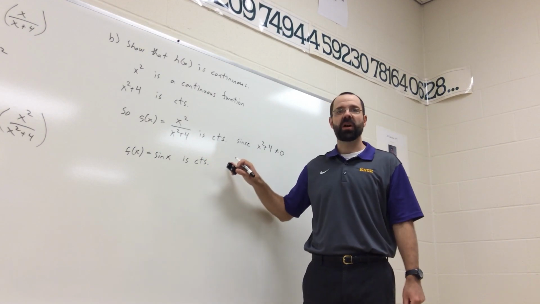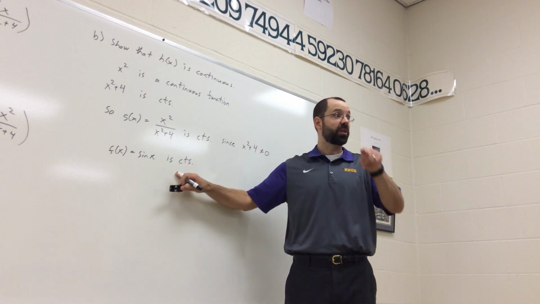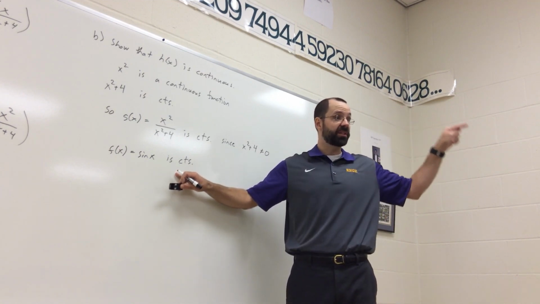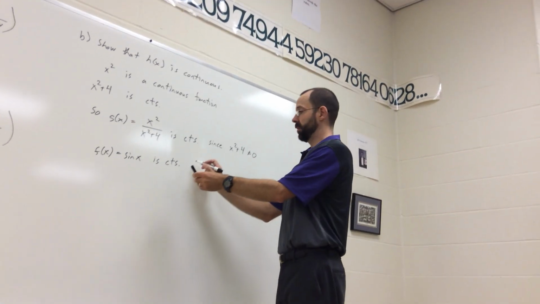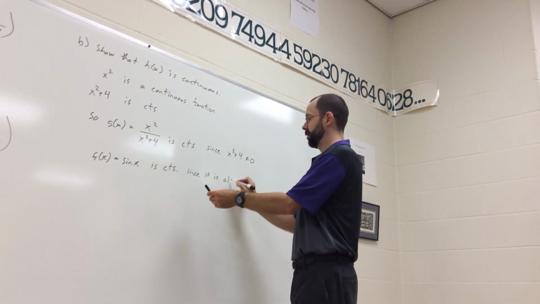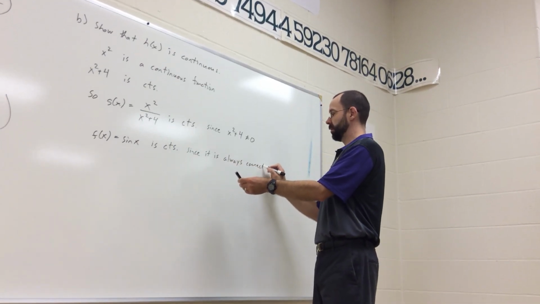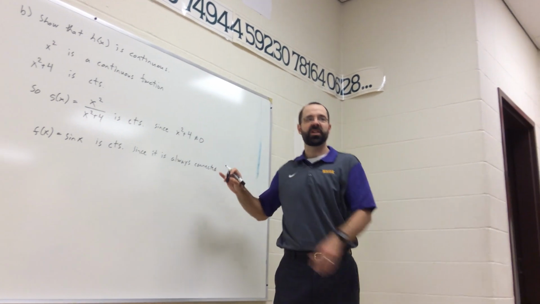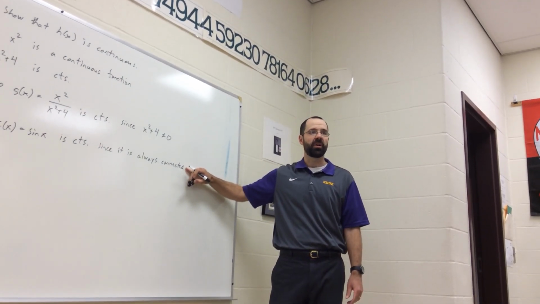But in the middle of this problem, I'm going to let us slide on that a little bit. If you look at the graph of sine, it's a nice wave that's connected, right? So that's why sine of x is continuous. I'm not really big on informal arguments, but in this one line, I'm going to let us get away with it.